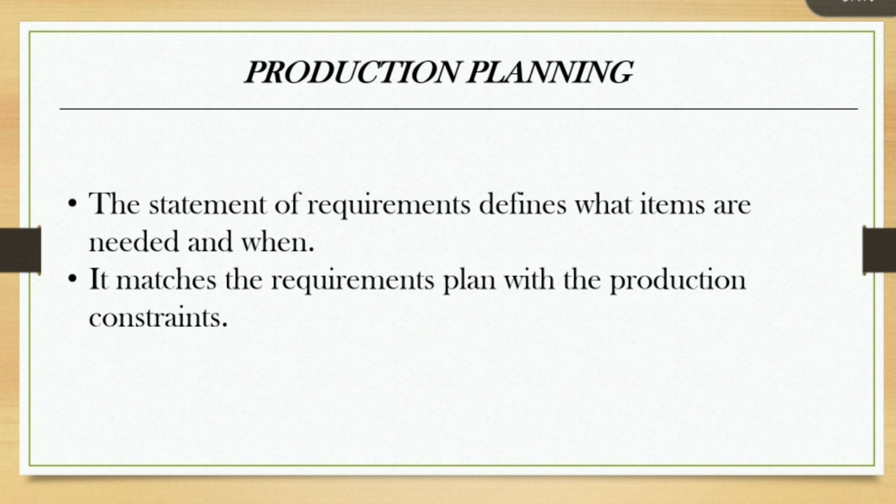It matches the requirement plan with the production constraints. Production planning typically starts with sales forecast, which is yung dinescuss kanina na demand planning. Andito yung material, labor, capacity, and backup plan just in case na magkaroon ng problema.